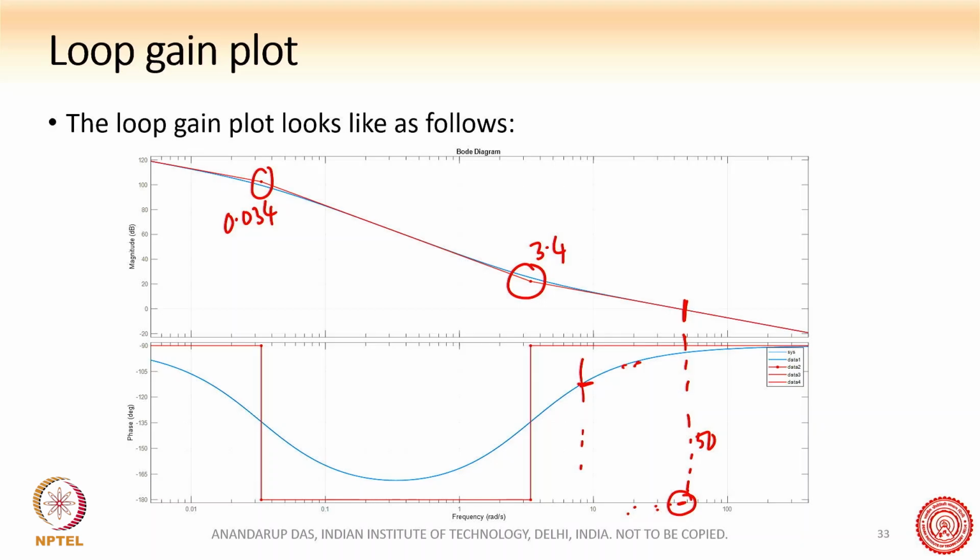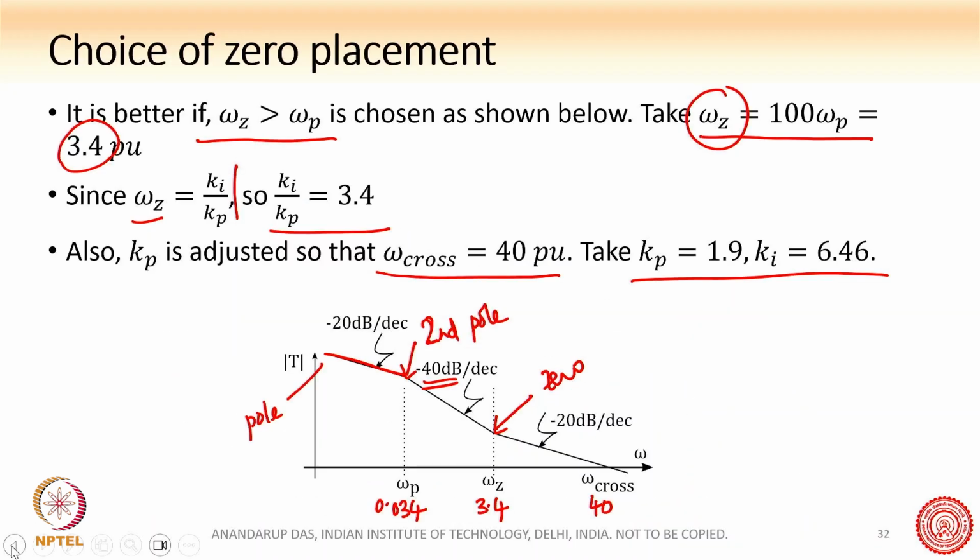But anyway, this is how we actually design the plot of the loop gain, and you can see how we can get the values of Kp, Ki by looking into the Bode plot and adjusting the values, so that we get what we desire. Summarizing, there are three important parameters to look for: the steady state error, the transient overshoot, and the settling time, which are again related to the loop gain Ts.